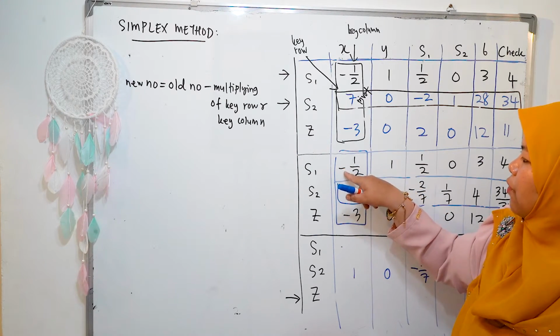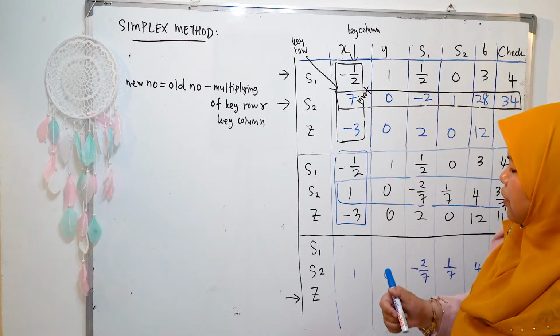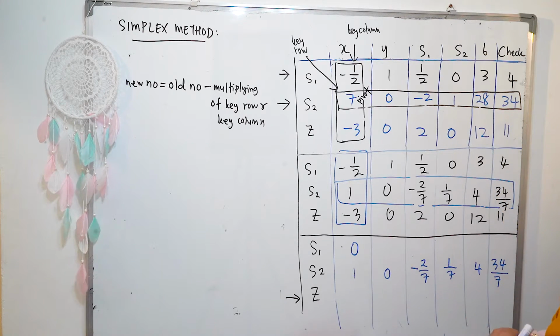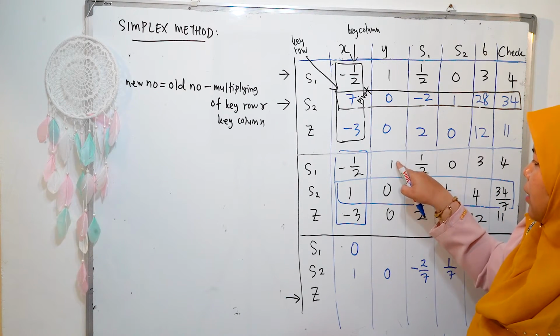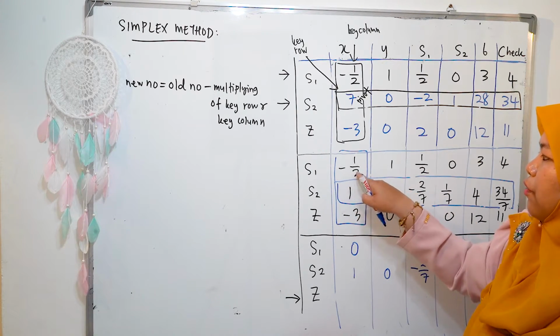So negative 1 over 2 minus 1 times negative 1 over 2, we get 0. Over here, 1 minus 0 times negative 1 over 2.